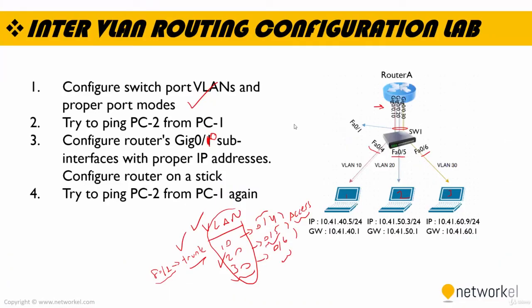Here is the bad news. Well, I don't think so, because we know how to communicate between different VLANs. We just need a layer 3 device. In this scenario, this is the router. And I need to create sub-interfaces and use the gateway addresses of these devices for each sub-interface.